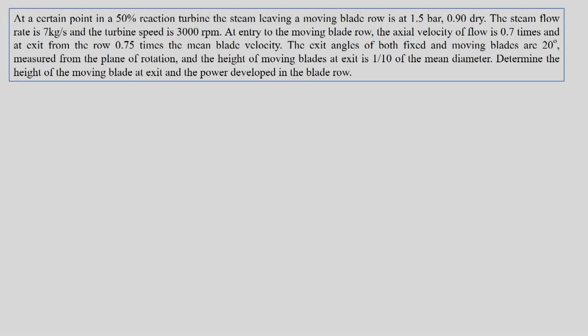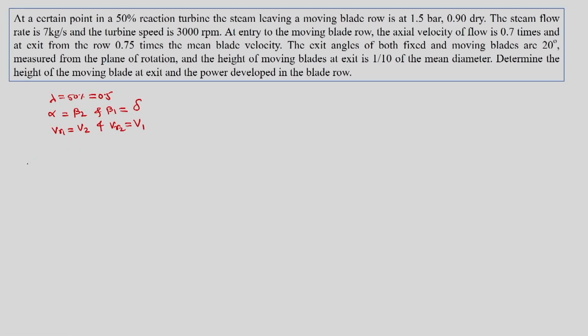So in this example we are again told that lambda is equal to 50%, which is 0.5, so alpha is equal to beta 2 and beta 1 is equal to delta, VR1 is equal to V2 and VR2 is equal to V1.